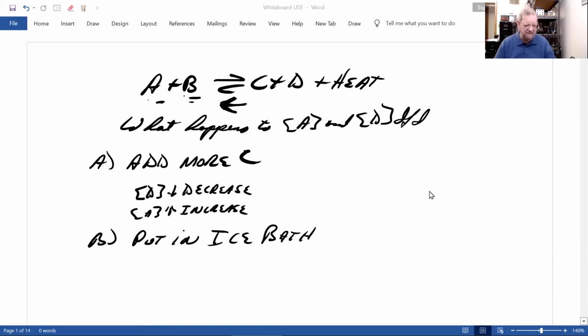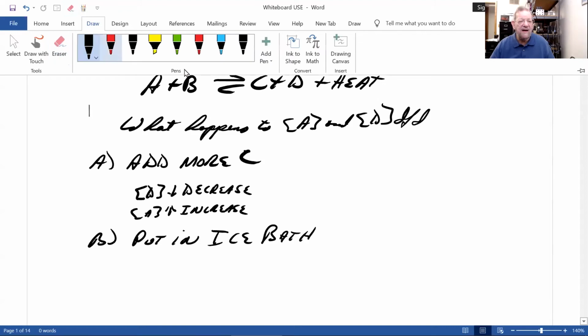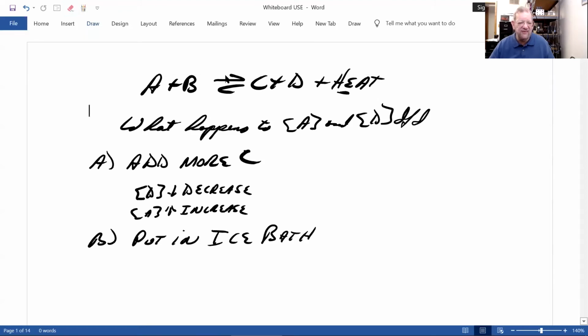Let's take a look at B. Now, at equilibrium, there's a certain amount of heat, and a certain amount of C and D. What does an ice bath do?